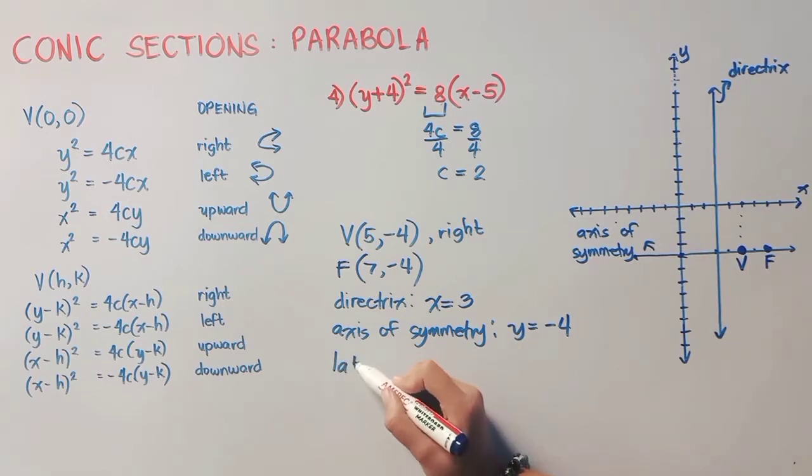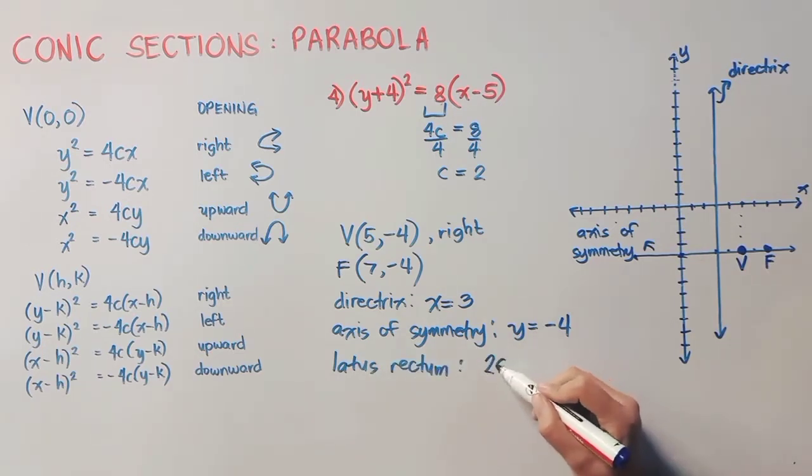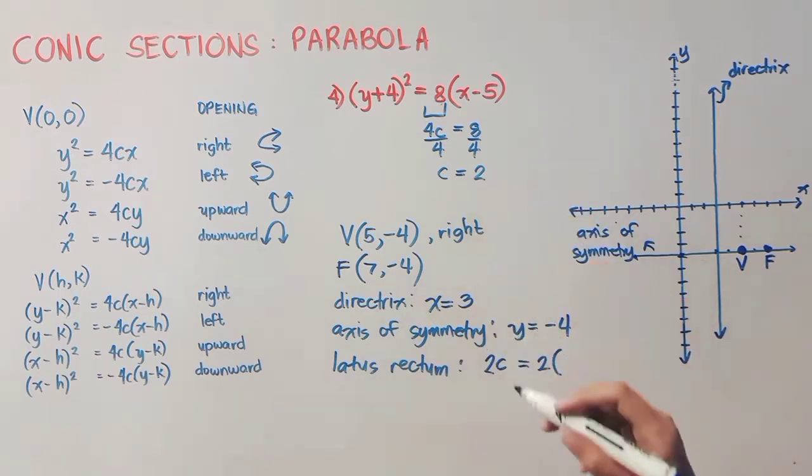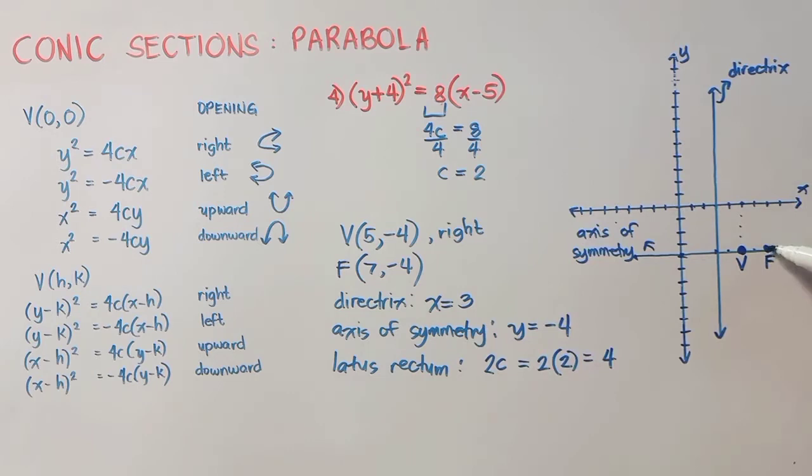Now let us get our latus rectum. It is in the formula 4c, but we will only get half of it, so that is equal to 4. Now we will count 4 units from the focus. Up and down, we have 1, 2, 3, 4. This point is (7, 0).